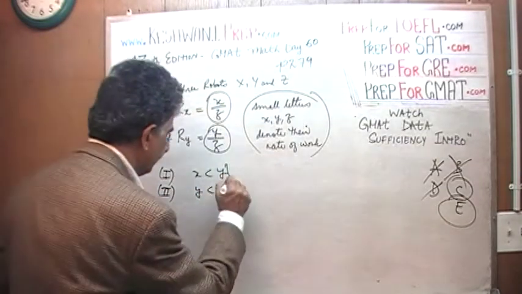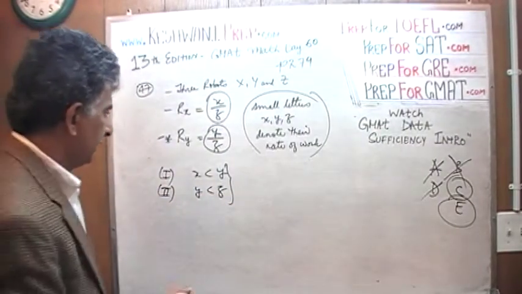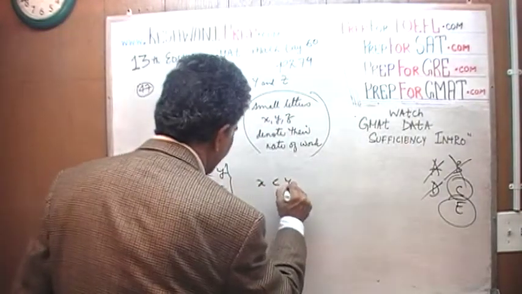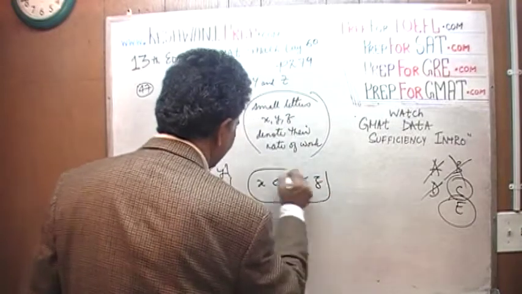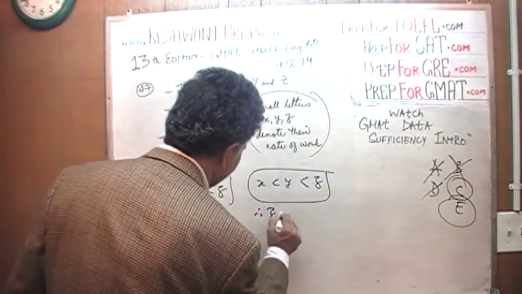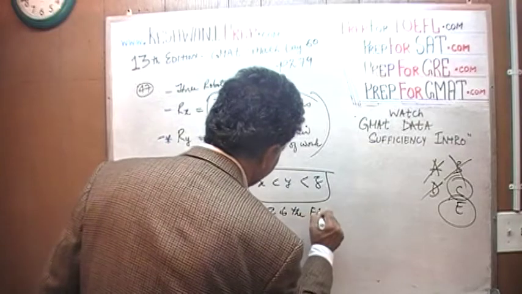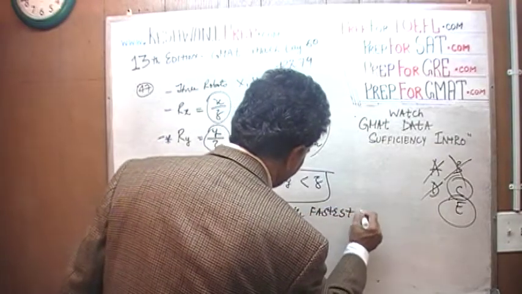We can clearly see that X is less than Y and Y is less than Z. Therefore, Z is the fastest one.